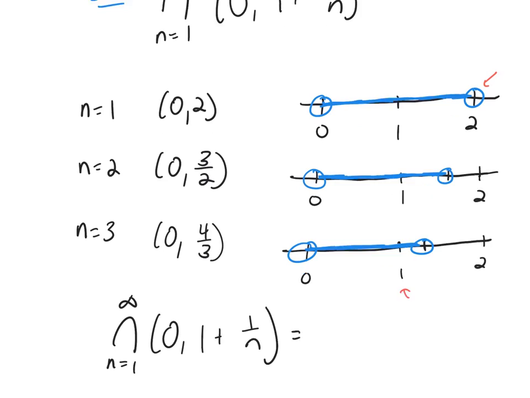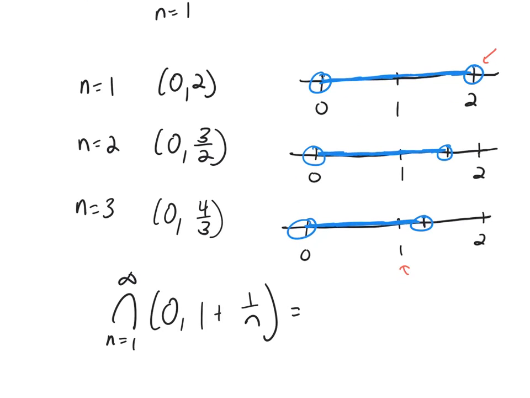And so in the end, my interval will be from 0 to 1, and 0 is not included, so it'll be a parentheses there. And then the question becomes, is 1 included or not? Well, you're pushing towards that 1, but in all your sets, 1 will be included, so this would be a bracket. And that would be my intersection right there.